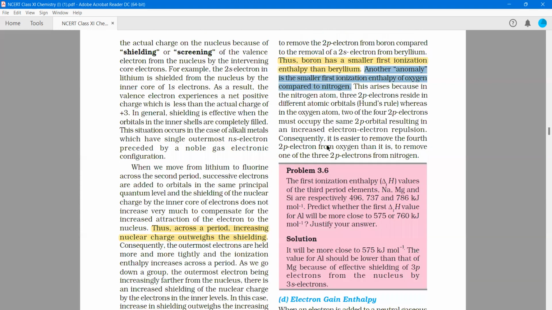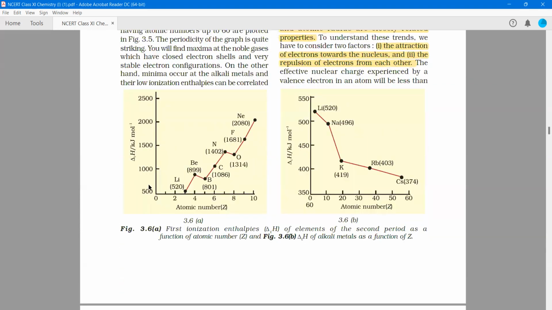So now the answer was wrong, because we already know that the group 13 elements have lower ionization enthalpy than the group 2 elements. The reason for this is very simple: in this case you have lesser electronic repulsion, because all the electrons are present in separate orbitals, and that is why shielding is also good.